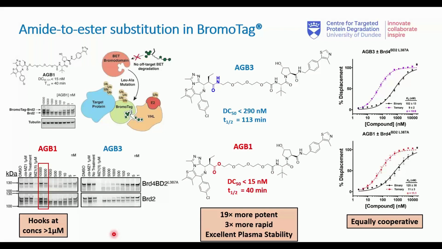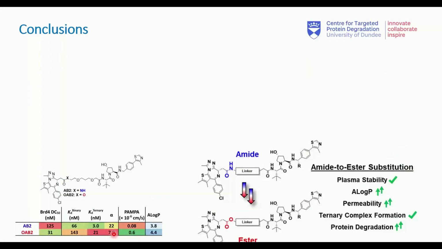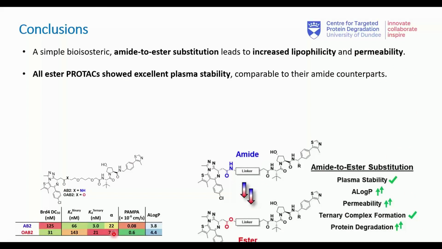So just a few conclusions. The simple bioisosteric replacement of an amide with an ester increases lipophilicity and permeability, and in the case of PROTACs, was able to increase cellular efficacy. Esters show plasma stability, so it's nice to be able to use these esters in other medicinal chemistry.